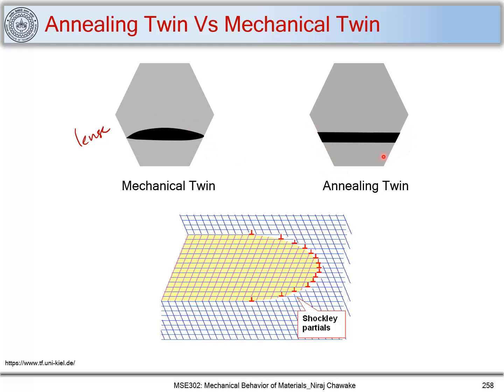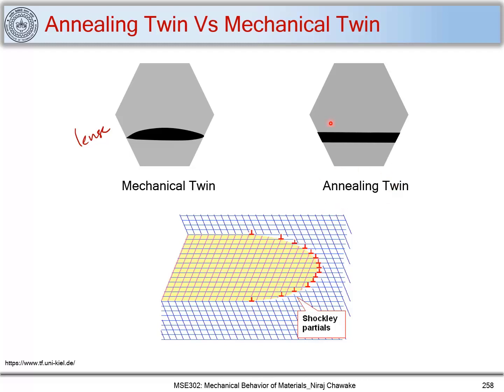While these twins, where they have perfect interfaces, are annealing twins, and these twins form during heating or annealing of the material. And why this lens shape? Now you can see here that we have seen the coordinated movement of atomic layers, and that is by a magnitude of Shockley partials. So when we are deforming materials, we get a mechanical twin, and with these Shockley partials you have these coordinated movements, and thus you get a lens shape here.